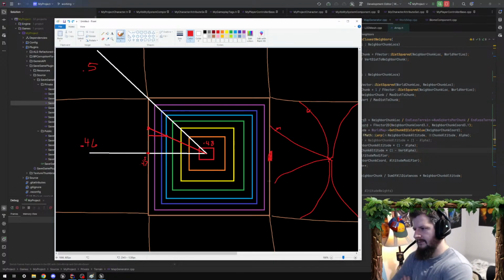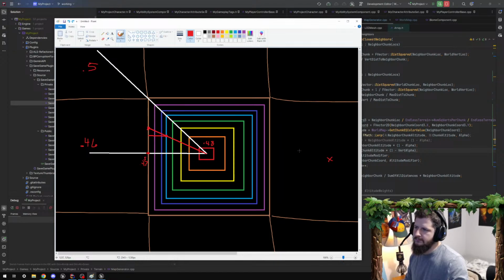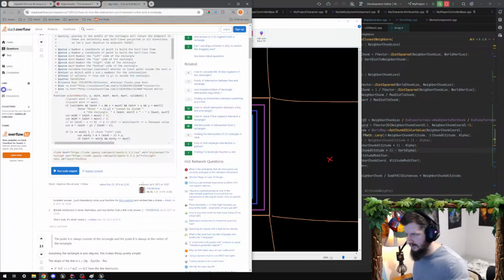So I'm thinking that doing something like this might actually properly interpolate the values. But god damn, I didn't realize getting that information was going to be such a pain.